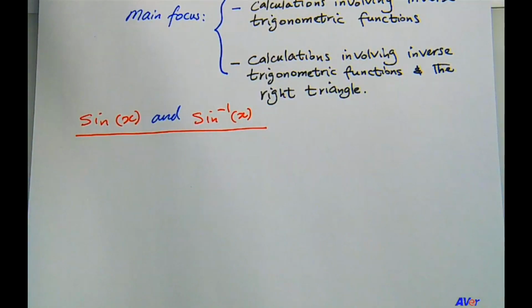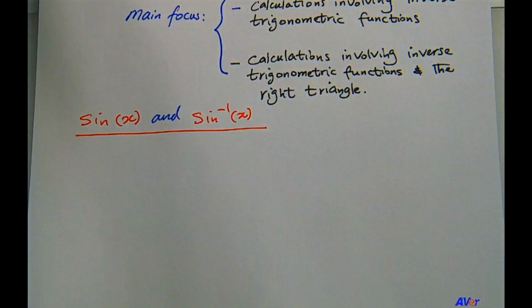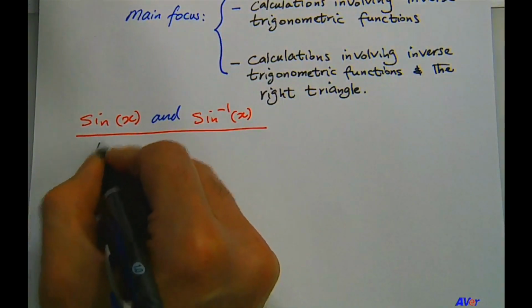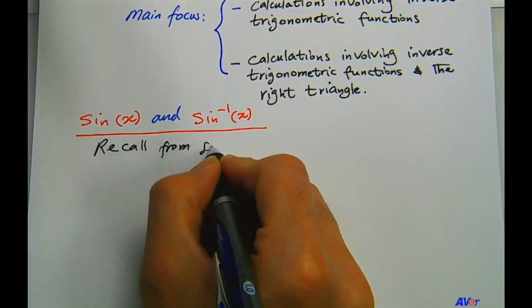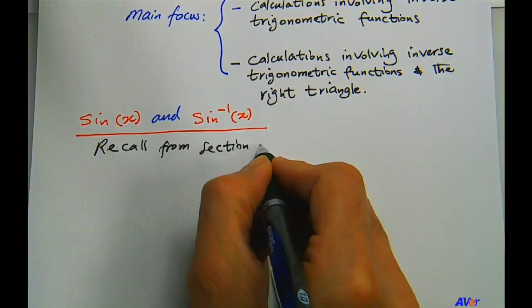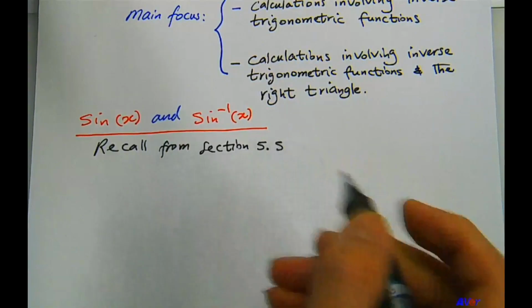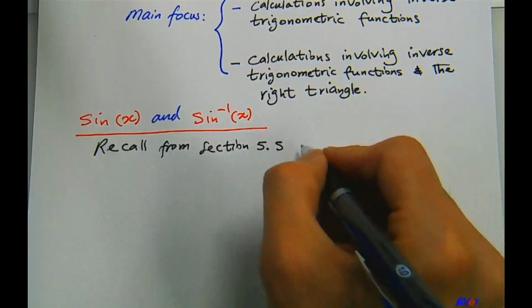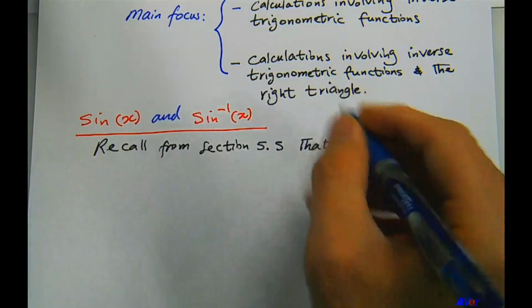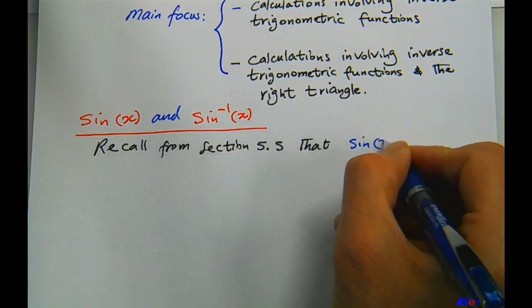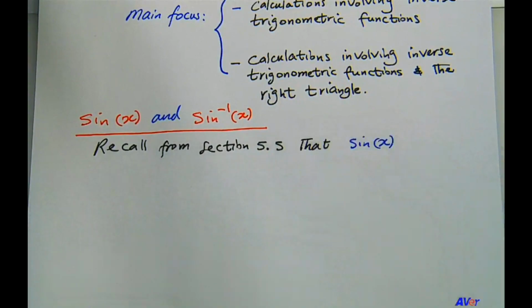Okay, so from section 5.5, recall that sine of x has a restricted domain, right? Let me bring this back.